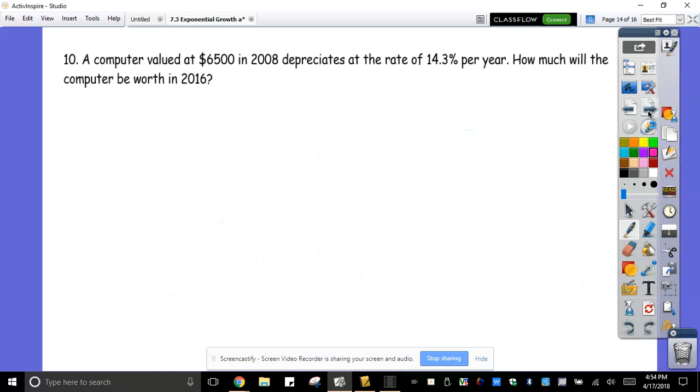A computer valued at 6,500 in 2008 depreciates. So it's going down at the rate of 14.3%, which is 0.143 per year. How much will the computer be worth in 2016? Take note. The formula here that we're going to use is (1 minus r) to the t power, because it depreciates.